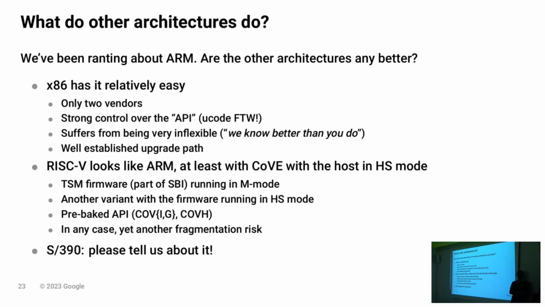I've had a look at RISC-V, and at least for the stuff that has been posted on the list, it sort of looks like the RMM, at least CoVE in the HS mode, where you have some firmware running in M mode and some other variants I didn't quite follow. You get an API, so I wasn't sure how it was called, but there was a CoVH and CoVG. Apparently CoVH got renamed to CoVG.